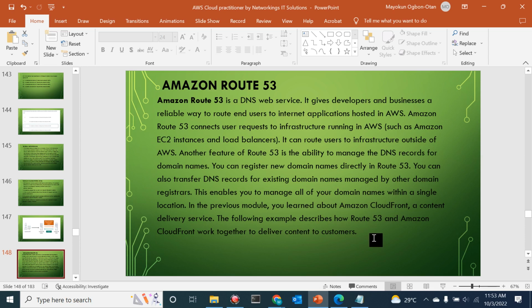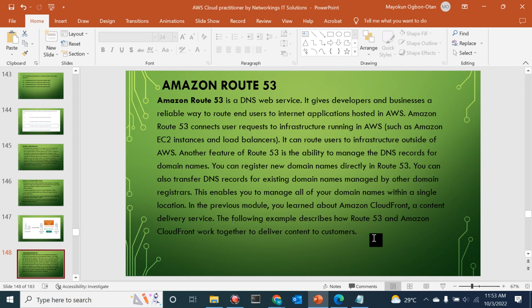It can route users to infrastructure outside of AWS. Another feature of Route 53 is the ability to manage the DNS records for domain names. You can register new domain names directly in Route 53. You can also transfer DNS records for existing domain names managed by other domain registrars. This enables you to manage all of your domain names within a single location.